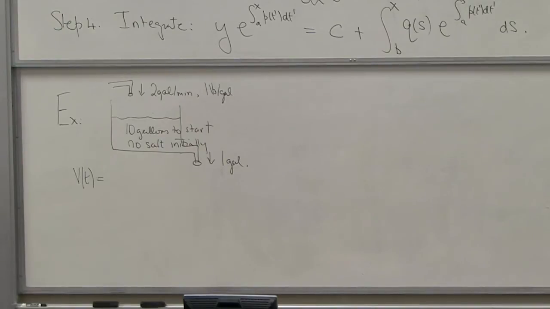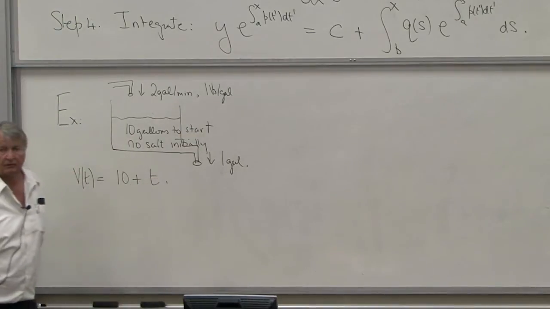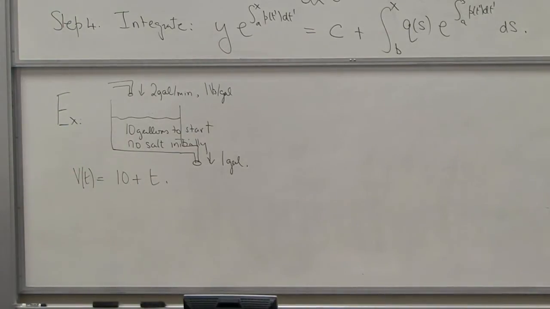You're putting in 2 gallons a minute and taking out 1, so it's 10 plus t. That clear? Right? Because you start with 10, 2 gallons a minute are going in, 1 gallon a minute is coming out, so you're going to be left with 10 plus 2 minus 1 t after t minutes.